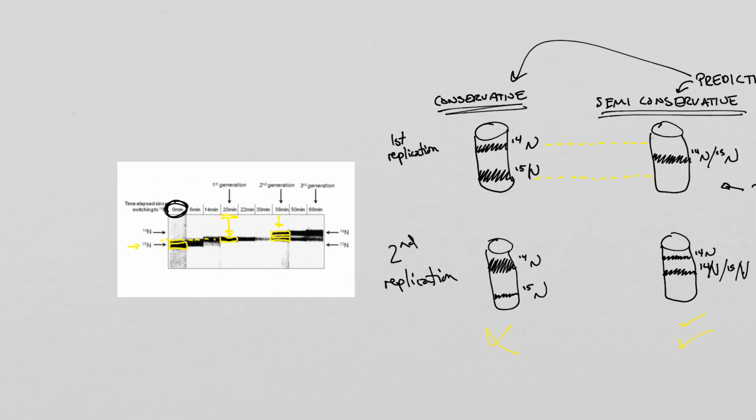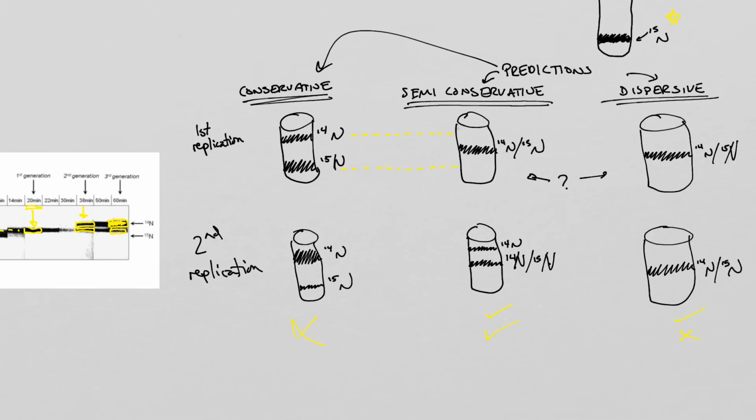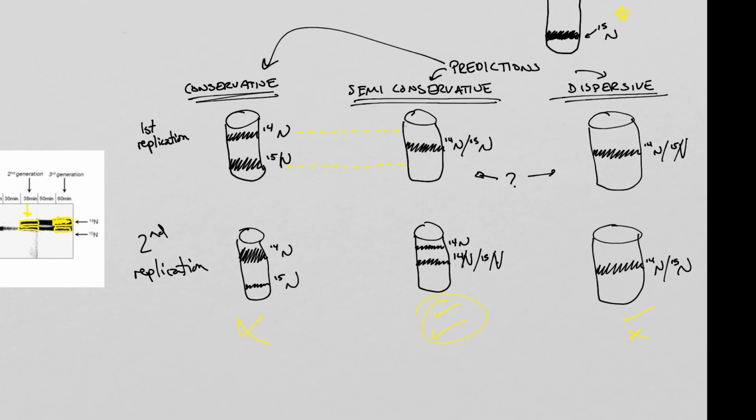And take it even further, at the nitrogen-13 level, you still have a little bit of that mixed one, but the new DNA, which is all nitrogen-14, gets thicker and thicker and thicker as you go on. Meselson and Stahl showed that DNA replicates semi-conservatively.